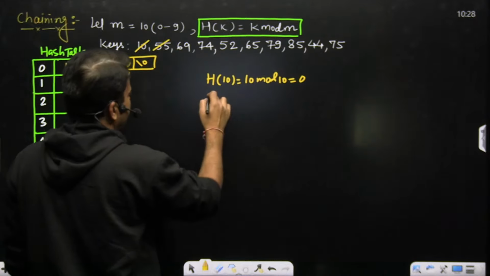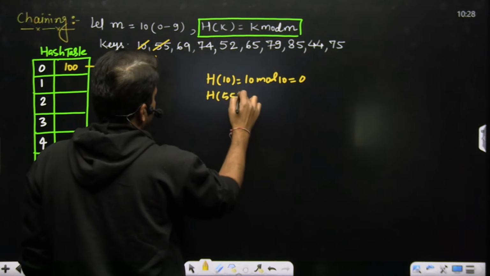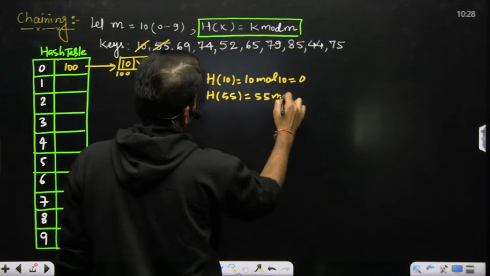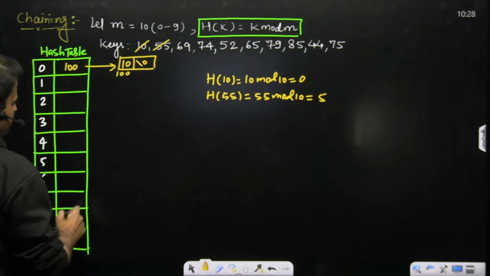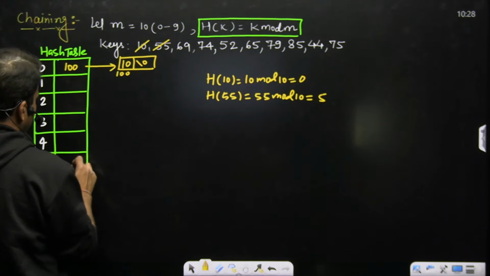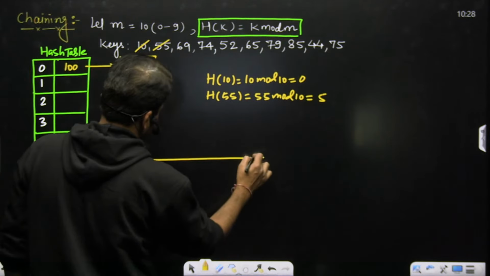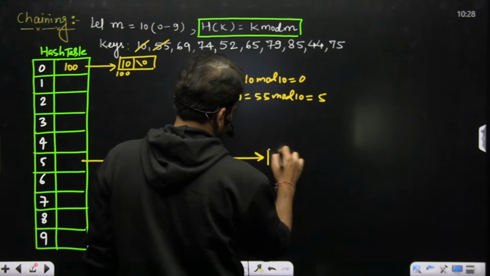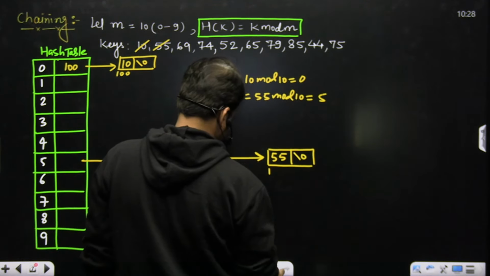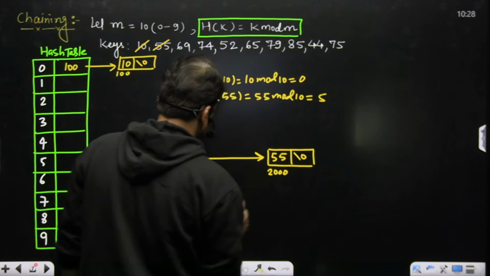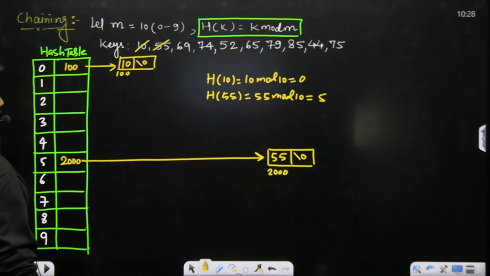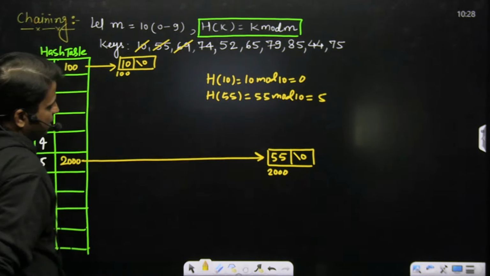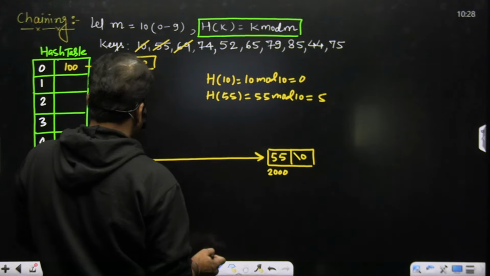Now what about 55? Similarly, h of 55 gives 55 mod 10, so this is 5. So 55 is stored at index 5, student. Let the address of this be 2000. Okay. So 55 is stored here, right? After this, in a similar pattern, you apply the hash index.